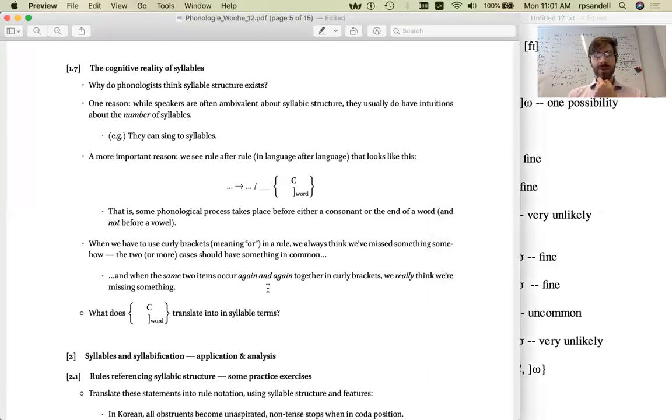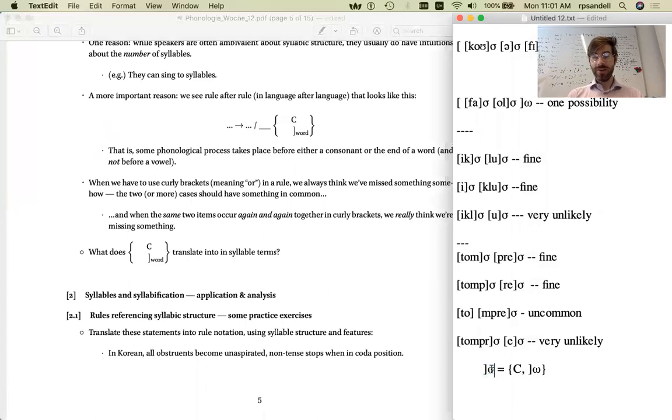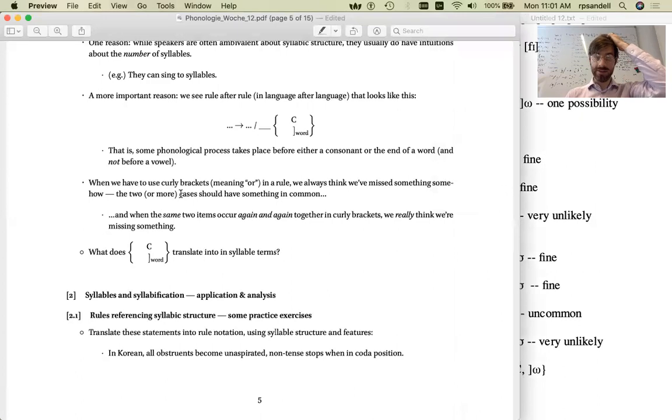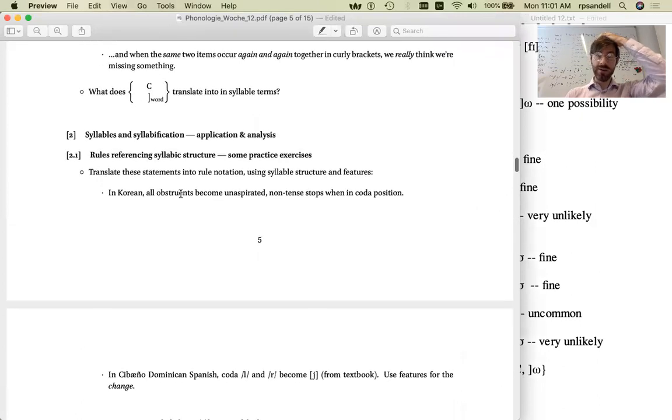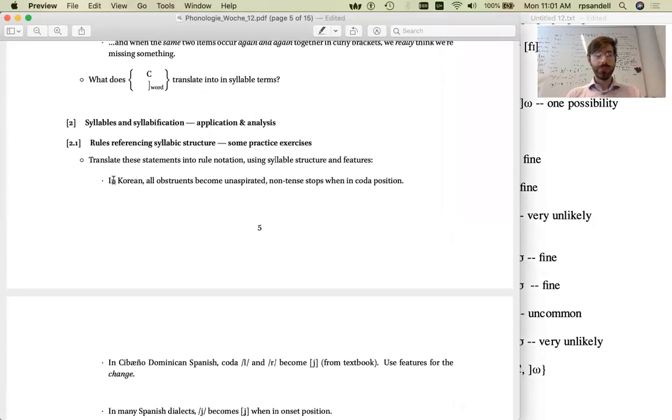So now that we've seen that we can indicate, for instance, the right edge of a syllable like this, or the left edge of a syllable like this, so that would mean the onset of a syllable, and this would mean the coda here. We can put this into practice in writing a few phonological rules.